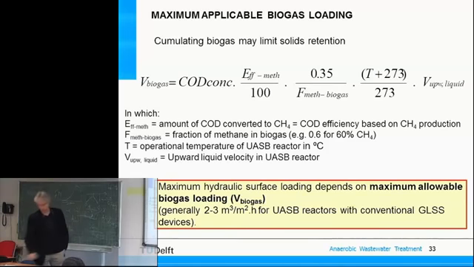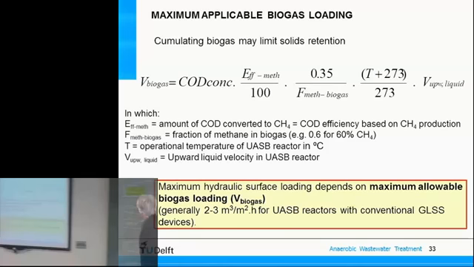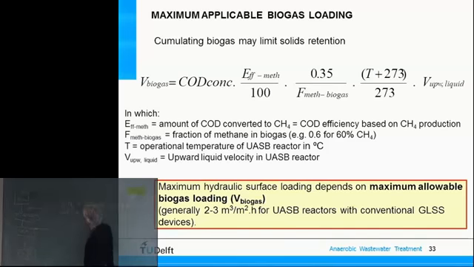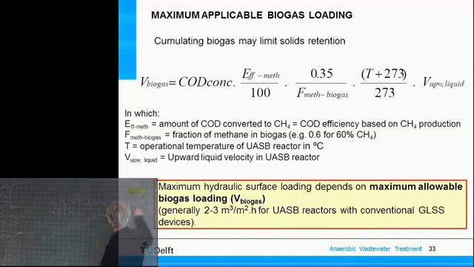This factor 0.35, this is the conversion of COD and methane gas. If you have this basic equation, CH4, if you oxidize methane, 1 mole of methane is equivalent to 2 moles of oxygen, or 2 moles of COD, oxygen demand. 1 mole of methane, if you think volumetrically, is 22.4 liter under standard temperature and pressure, which is 2 moles of oxygen, which is 64 grams of COD.